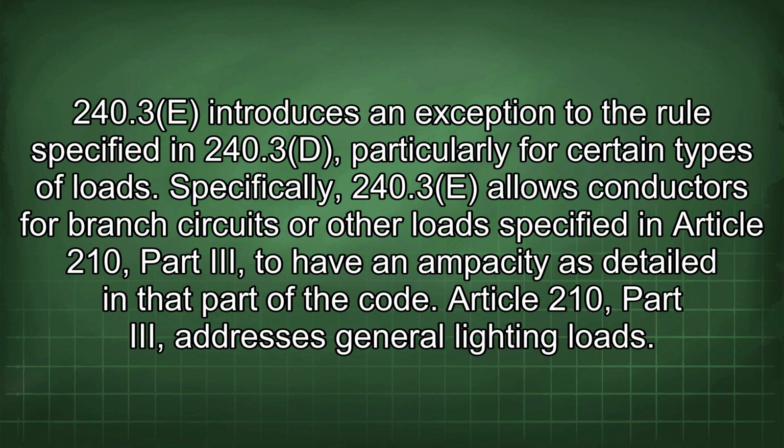240.3e introduces an exception to the rule specified in 240.3d, particularly for certain types of loads. Specifically, 240.3e allows conductors for branch circuits or other loads specified in Article 210, Part Roman 3, to have an ampacity as detailed in that part of the code. Article 210, Part Roman 3, addresses general lighting loads.